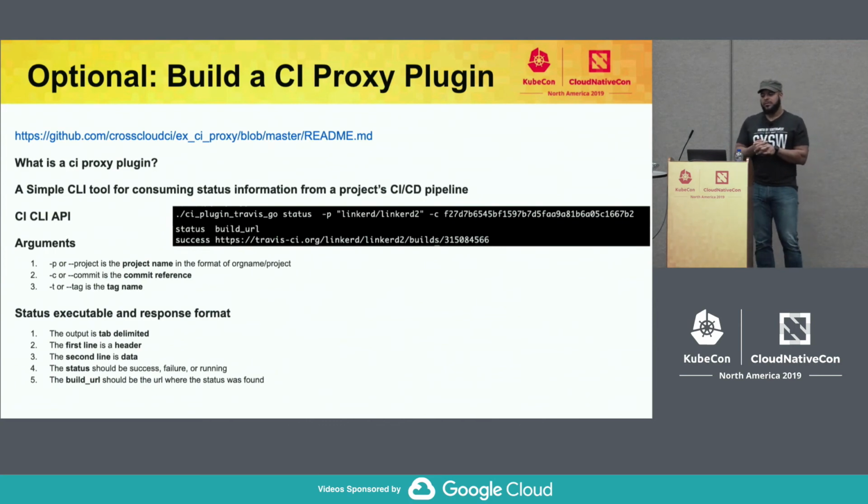As of right now, the response is tab delimited, and we have the build status, so success, failure, running, and the build URL. For the dashboard, that's what's going to get consumed as far as a plugin.